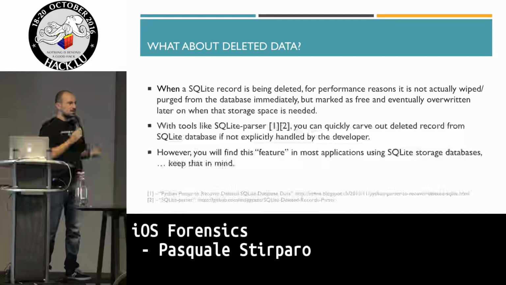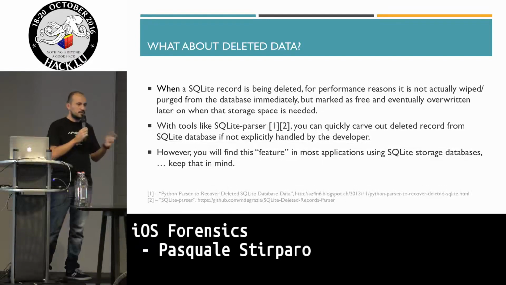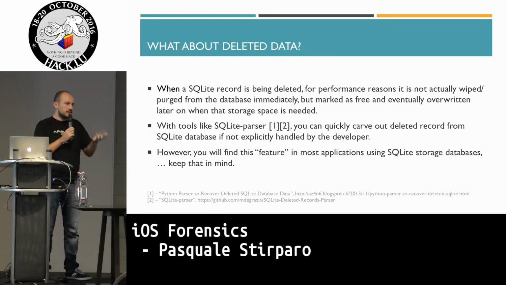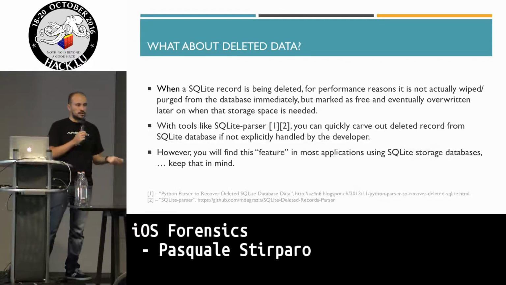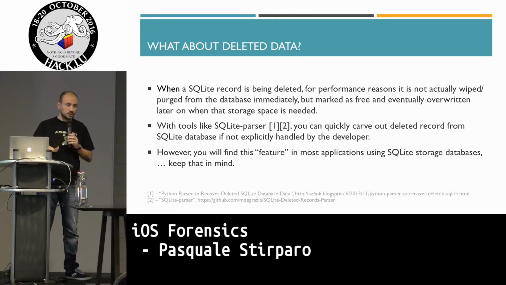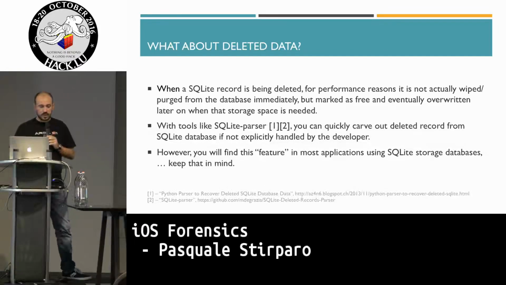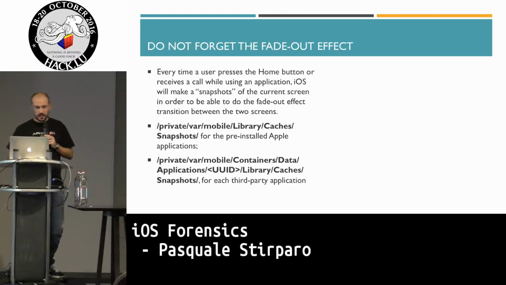It's just marked as not available, and then purged later by SQLite for performance reasons, unless the developer forces a purge after each deletion, which is not convenient for them. This means you can carve supposedly deleted information out of SQLite databases, and this is not only for messenger applications. Most SQLite databases suffer from this.